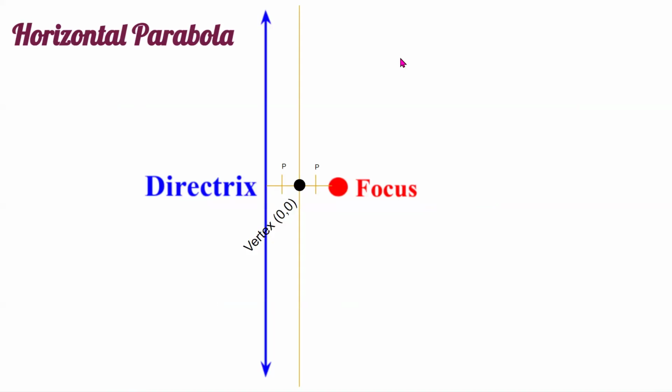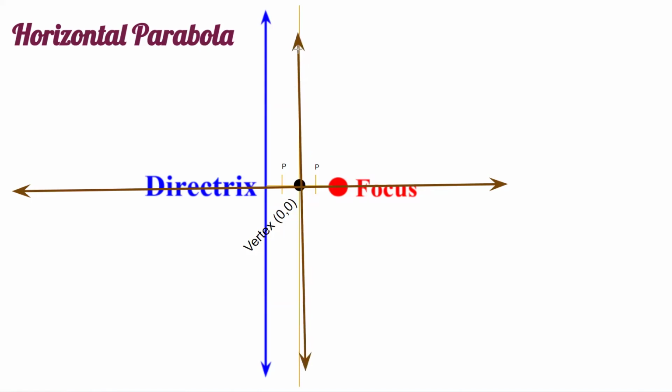Now, this is the second case that we're going to have: the horizontal parabola. A parabola that is horizontally placed means that it's opening towards the horizontal axis. So this one's opening towards the x-axis, sorry, not y-axis, x-axis. And it's going to open either left or right. Here's my vertex at 0, 0, which means that my other axis, the y-axis, is the line that goes through that point like this.